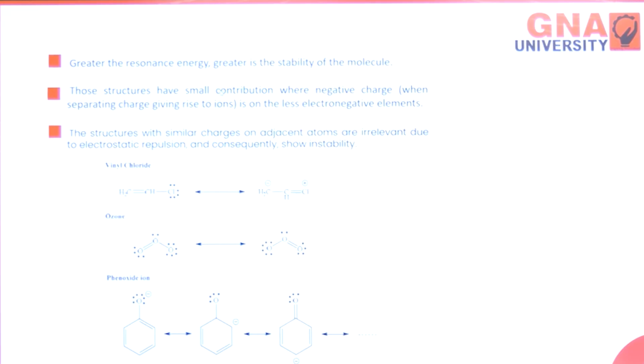And secondly, if the negative charge is present on the more electronegative atom and the positive on the more electropositive, that structure will be more stable in resonance as compared to the structure in which the electronegative atom carries the positive charge, right? Here we have some examples of resonating structures like vinyl chloride, ozone, and phenoxide ion.